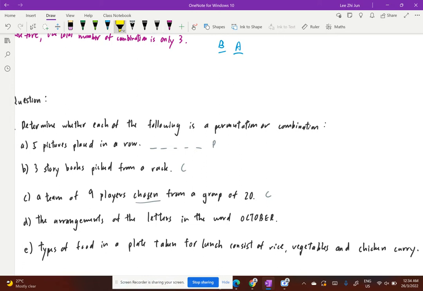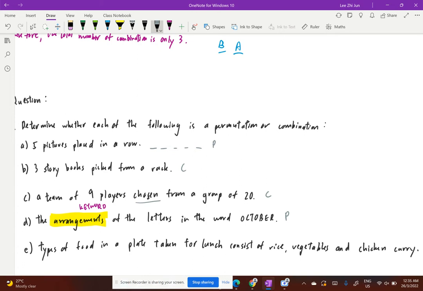Here's the keyword. How do you differentiate between permutation and combination? The simplest way to differentiate them is that permutation has the keyword arrangement. Here I get the keyword, so it's permutation.